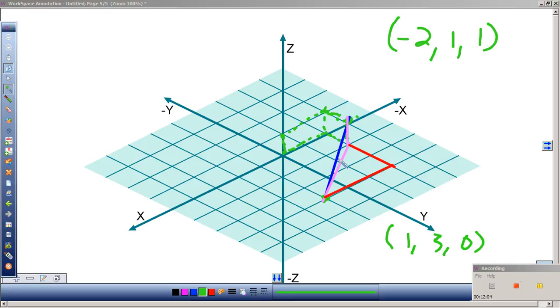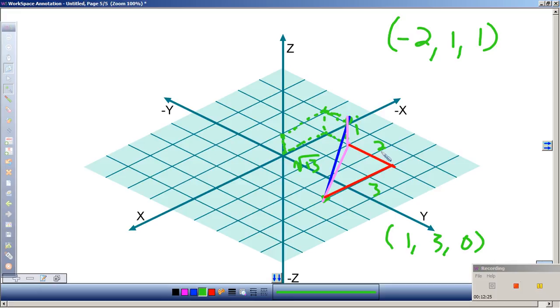What is it? This is 3, this is 2, so this distance would be square root of 13 across the bottom. And then how do I get the distance if this is 1? Okay, 3 squared plus 2 squared.